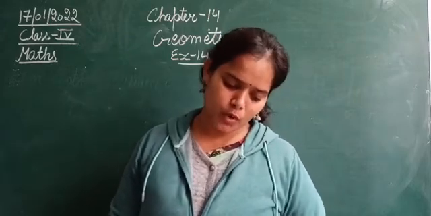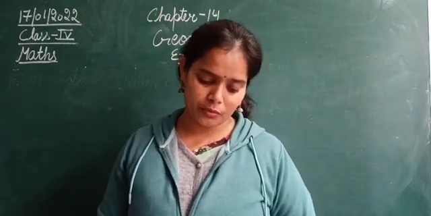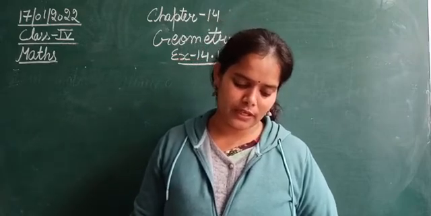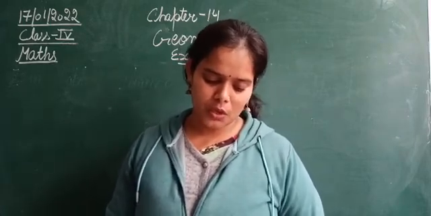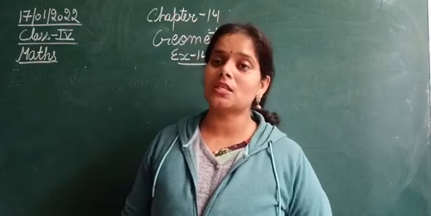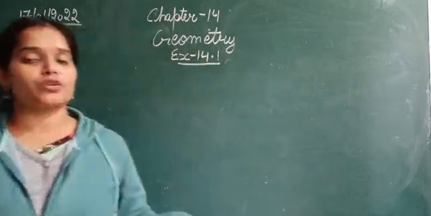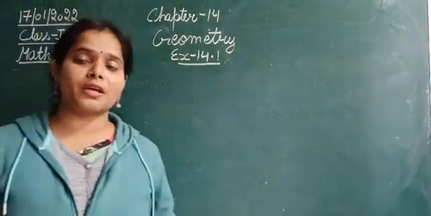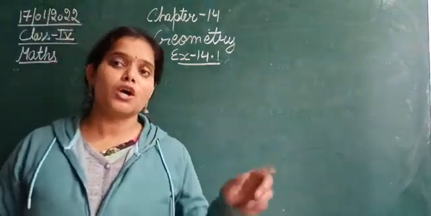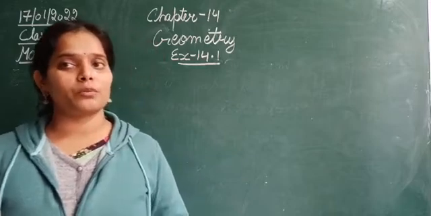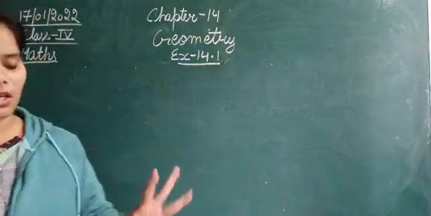What distance will a boy cover in walking around the playground 3 times? Okay, so they have given the length and the breadth of a rectangular playground. We need to find how much distance a boy will cover if he is walking around it 3 times. So first of all, if we find the perimeter of that rectangular playground, then we can multiply it with 3 so that we can get the total distance covered by the boy in the 3 rounds.